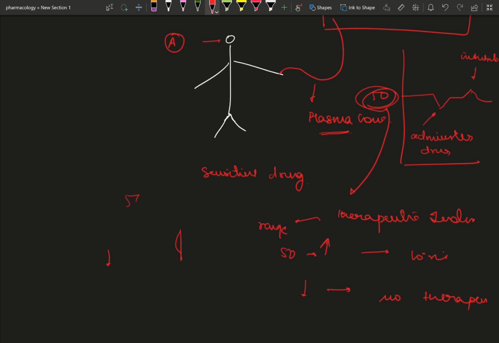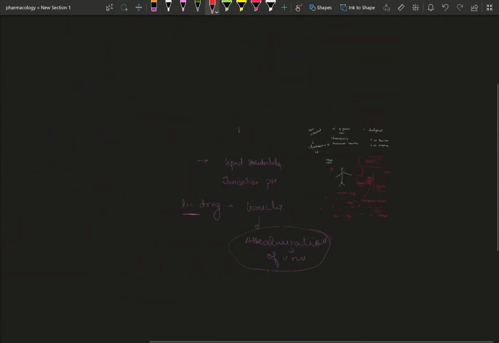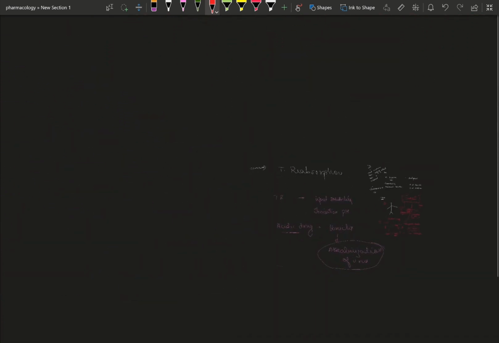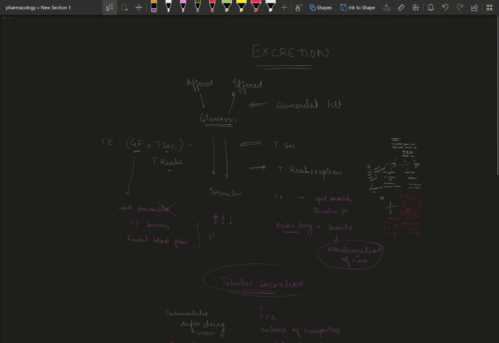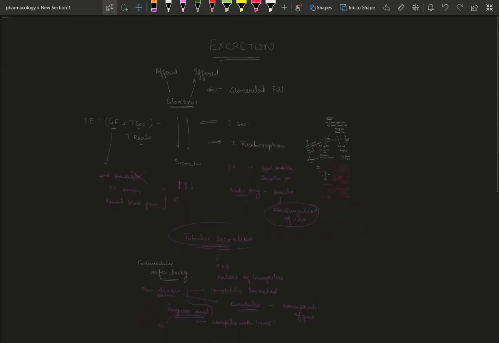So the drugs which have a low therapeutic index require therapeutic drug monitoring. We need to monitor the drug concentration and simultaneously adjust it so that the best therapeutic effects can be reached. I think we have completed the concepts of pharmacokinetics, and hope this particular lecture was of help.